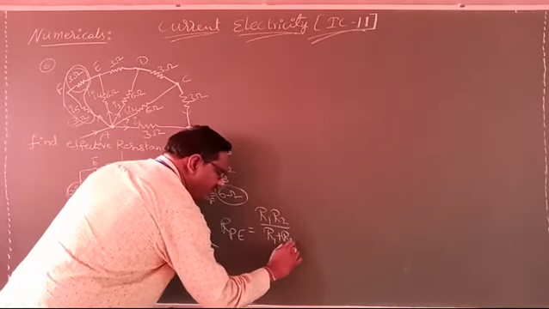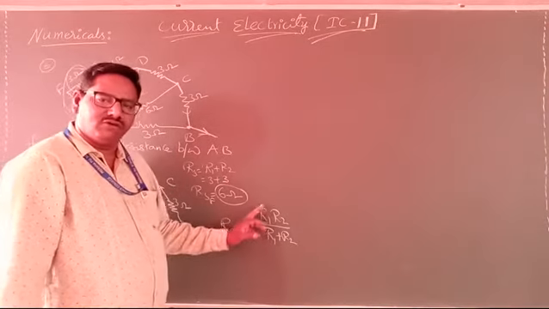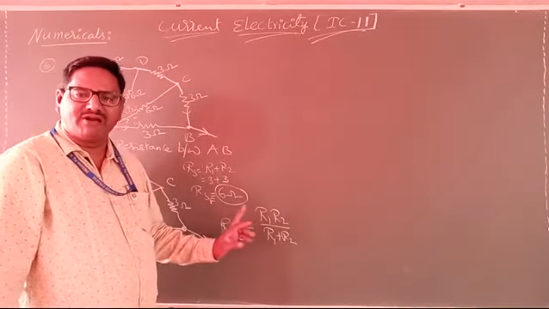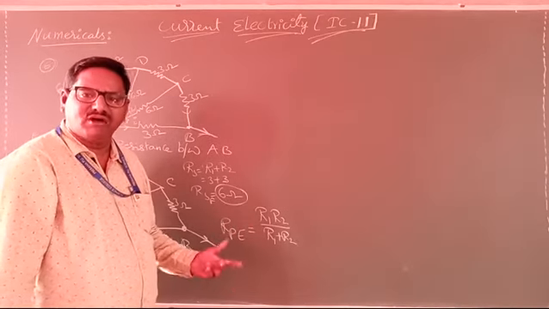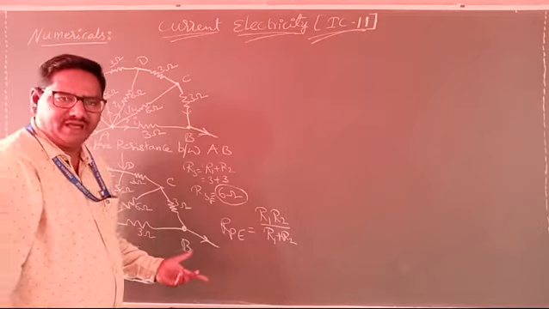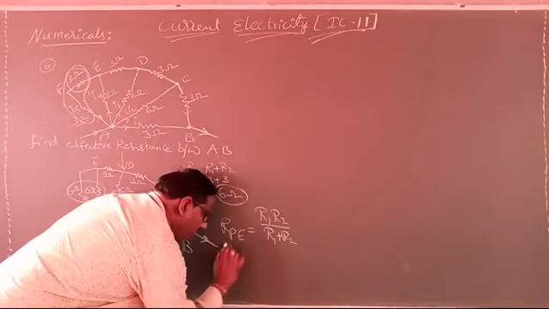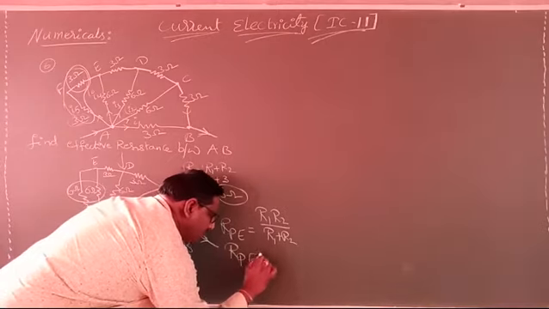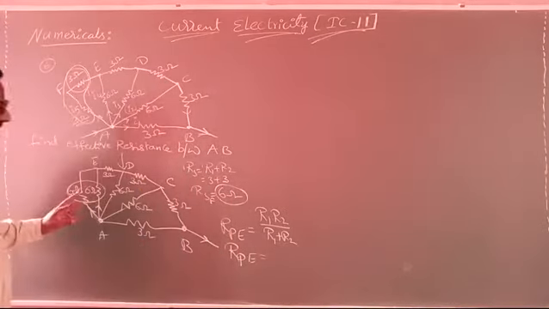Already we wrote this formula. If two resistors are in parallel, the formula is R1 R2 by R1 plus R2. If not, one more formula is there: 1 by R1 plus 1 by R2. Choice is yours. Now the effective resistance of parallel at E point RP equals, here we have 6.